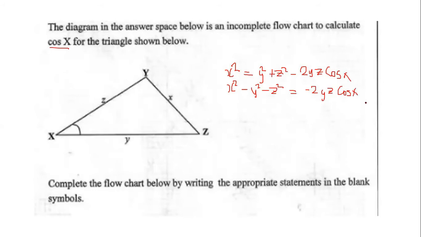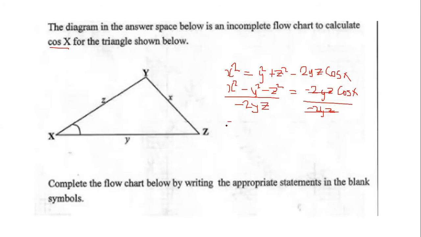Since we want cos x to be the subject of the formula, we divide by minus 2yz, and we do the same on this side. So this and that will cancel.